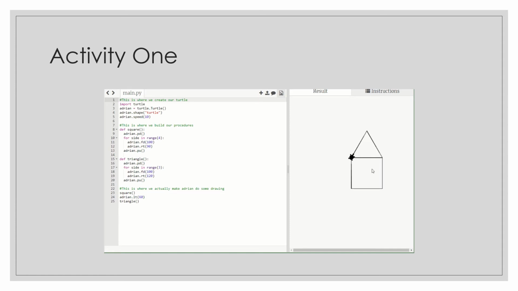He doesn't put the squares inside. So how can we make Adrian go to these positions and draw squares? By using square and go to and left and right, and then maybe triangle, whatever you want it to do. Just play around, spend maybe 10 or 15 minutes tops, working on this and seeing what's going on, okay?